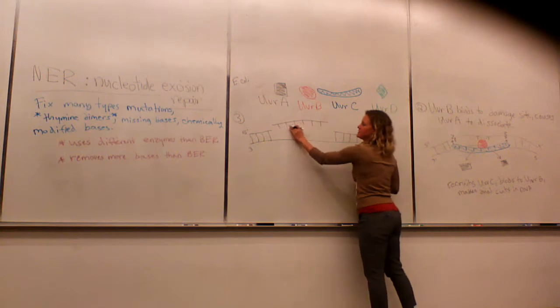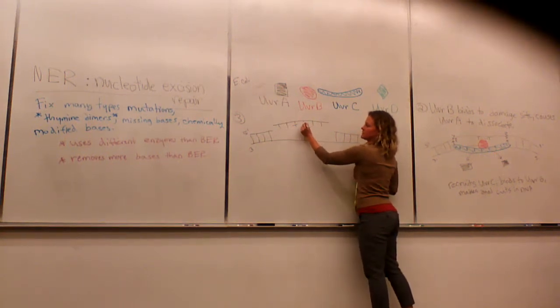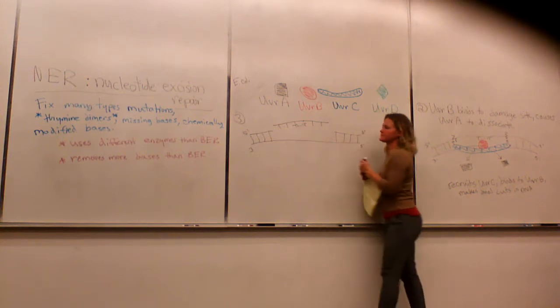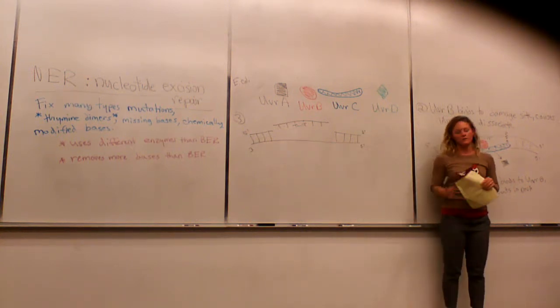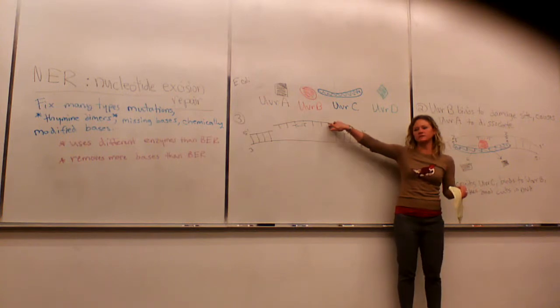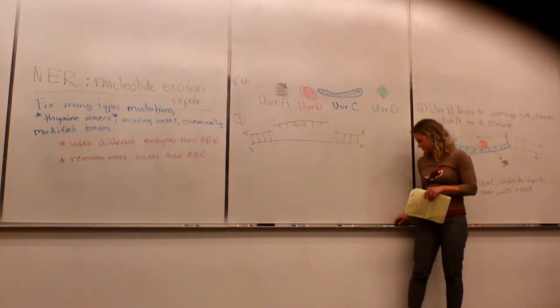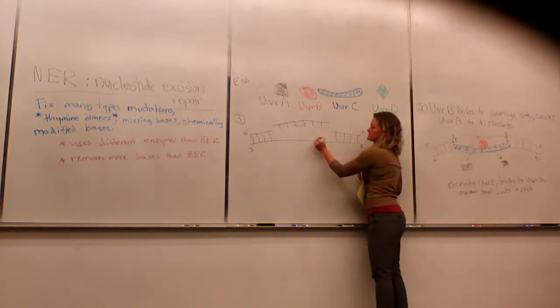But you have a segment that includes those thymines that are involved in the dimer here. Okay. You have this little chunk of single-stranded DNA that's been cut off the main helix.